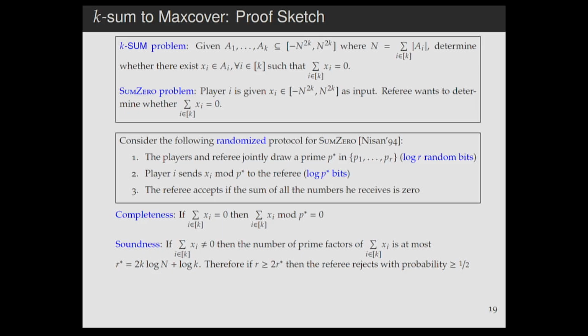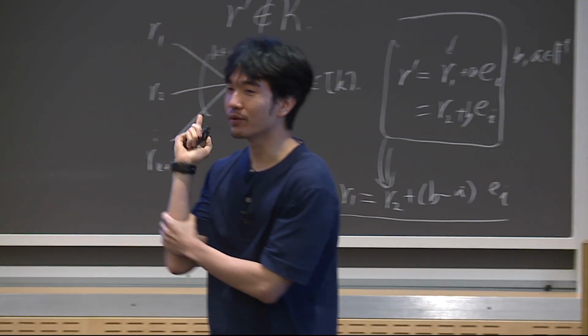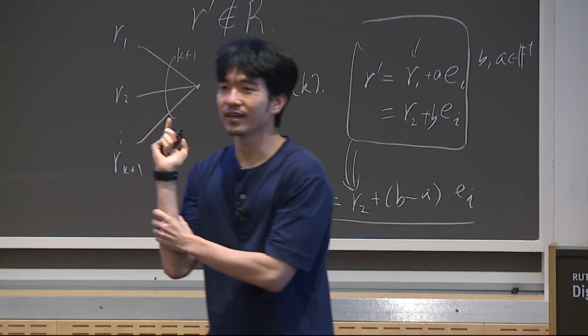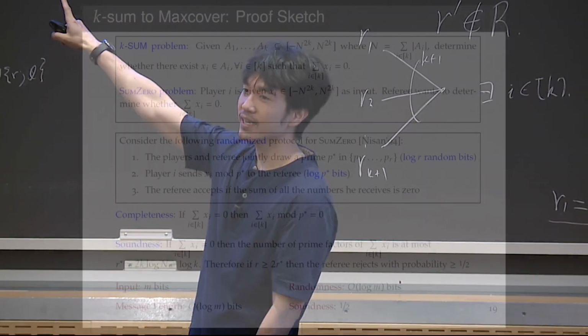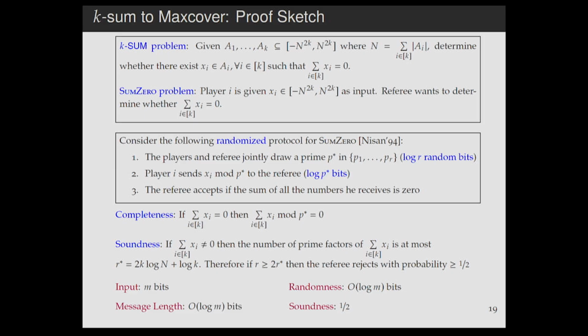Why are they not just sending x_i itself? What are you trying to minimize? It will show up in a moment. The point is this: the input, we start off with m bits, but here the primes are pretty small.